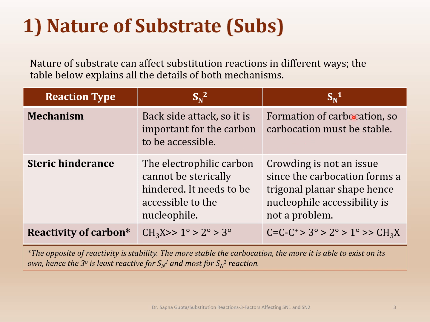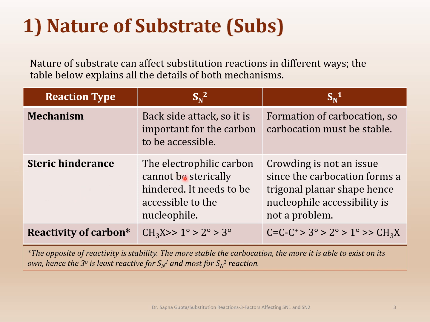In SN1, once the carbocation is formed, it is already accessible from both sides, not even just one. So the formation of the carbocation is the important thing. The carbocation must be stable, right? The next thing I want to mention is steric hindrance.